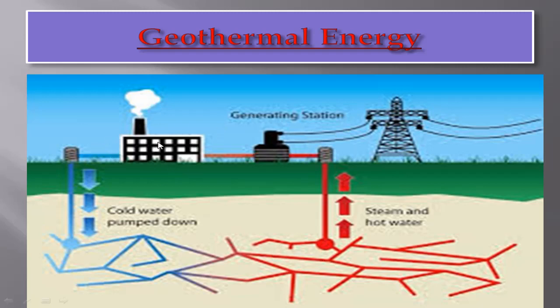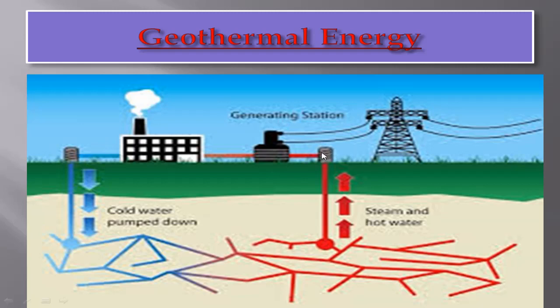Now you can see this diagram. Cold water can be passed through this hot region and steam can be produced. This steam comes up to the upper regions and can rotate the turbine.